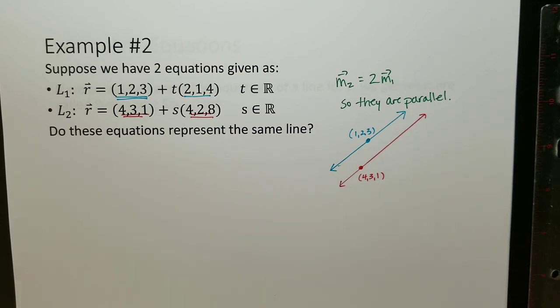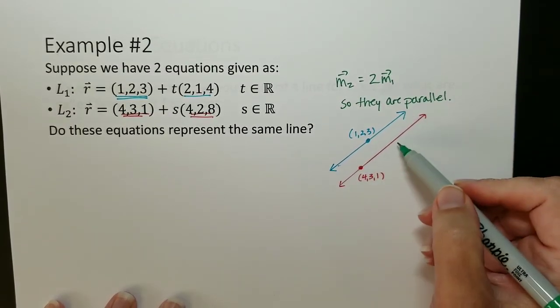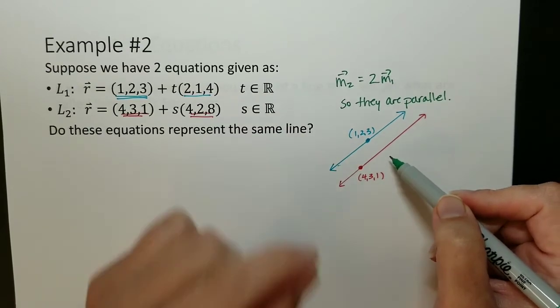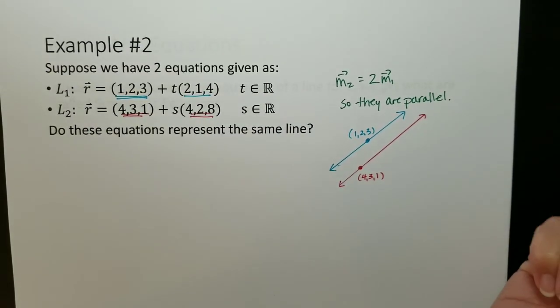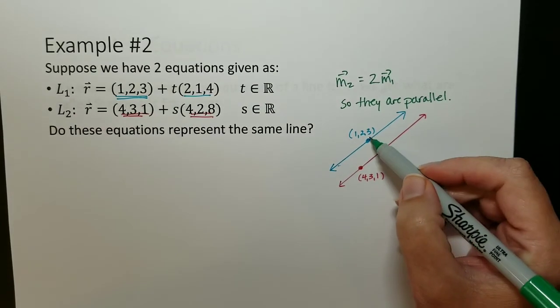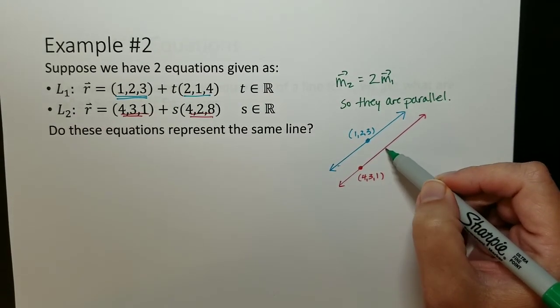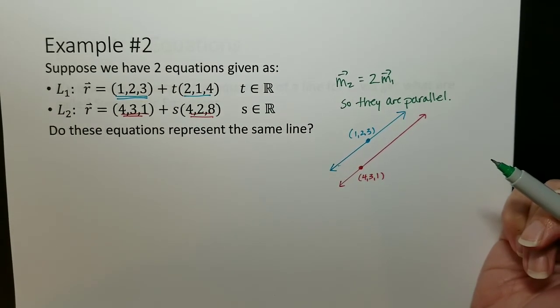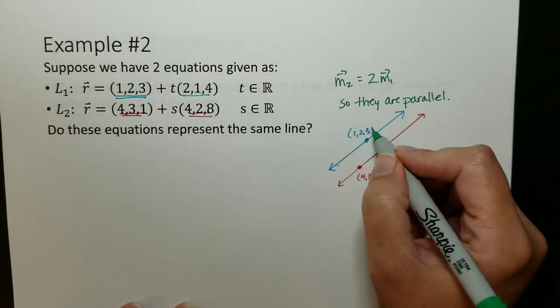So if we want to figure out, are these the same line, we know for sure that they're parallel. So they're either separate parallel lines that never cross, or they're the exact same line. And my argument would be that if they're the same line, then this point is on the red line and this point is on the blue line. So I might just pick the first point.